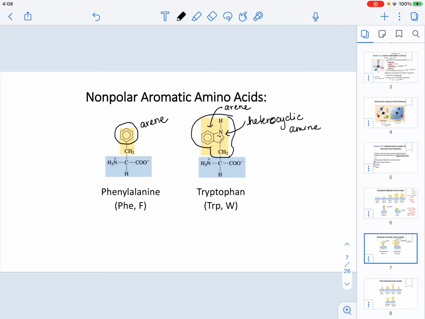It's actually involved in aromaticity. This heterocyclic amine, its lone pair, is not accepting a proton because it is part of the aromatic system.